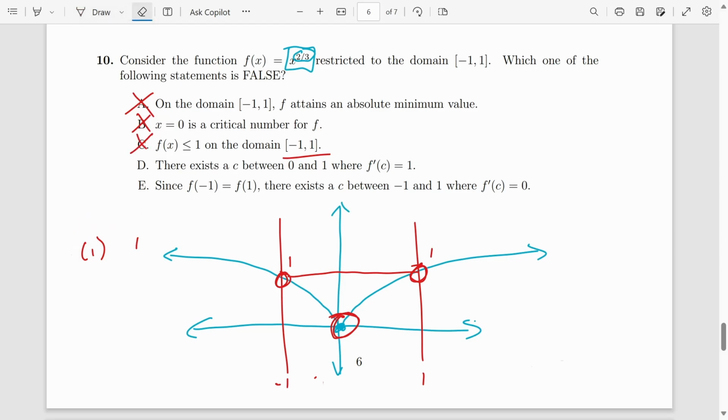Now, moving on to statement D, after I clean up a little bit. There we go. Statement D, there exists a value c between 0 and 1 where f prime of c equals 1. So if we have our value c that's between 0 and 1, is there a value where f prime of c equals 1?